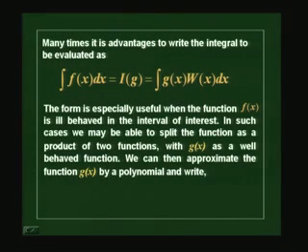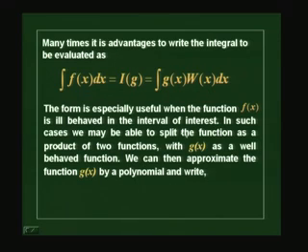So in those cases, it is useful to write this as a well behaved function in the interval a to b multiplied by some kind of weight w of x dx. As I said, there will be cases where f of x is not well behaved but the integral is finite, and in that kind of case this is particularly useful.